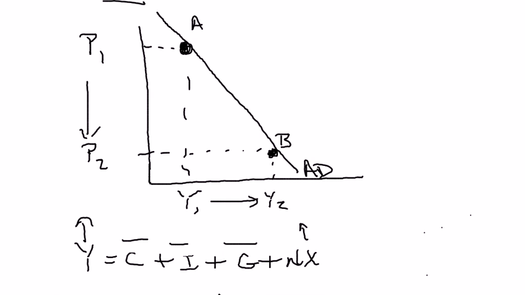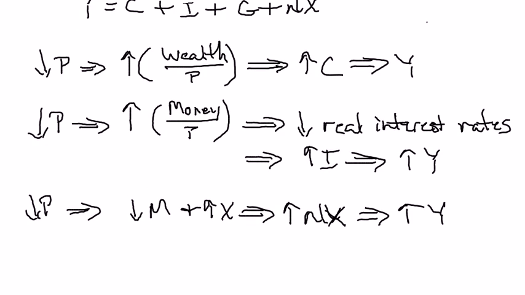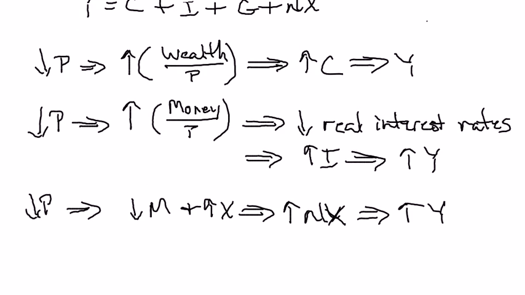A fall in the price level, let me erase that. A fall in the average price of goods and services leads to higher household wealth, so they consume more. The fall in the price level leads to a larger real money supply, which lowers real interest rates for reasons we'll explain later. That leads to more investment. A fall in the price level means net exports rise.